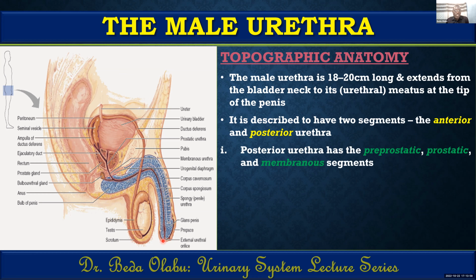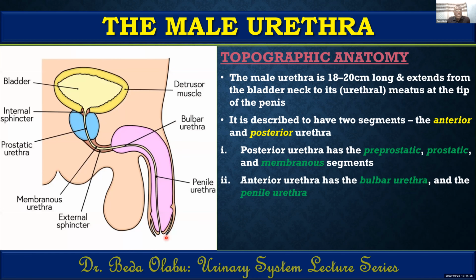The posterior urethra has three segments: the preprostatic, which is somewhere there, the prostatic, which is this zone, and the membranous urethra, which is that one. The anterior urethra, on the other hand, has two parts: the bulbar urethra, which is that part, and the penile urethra, which is that segment.